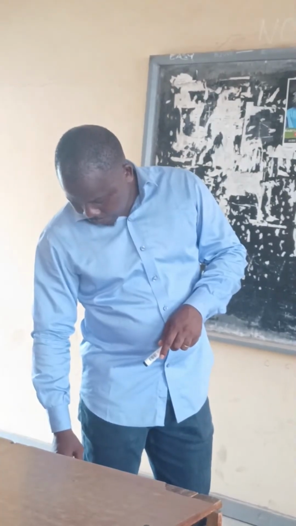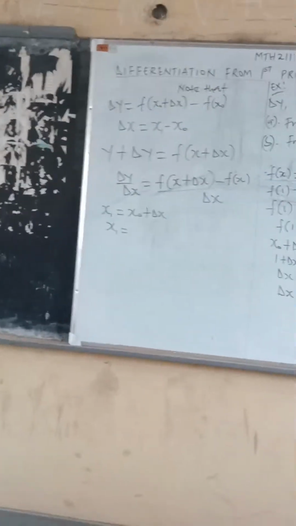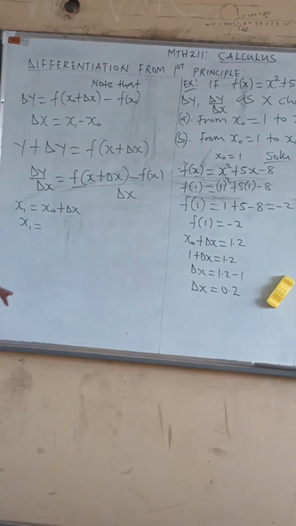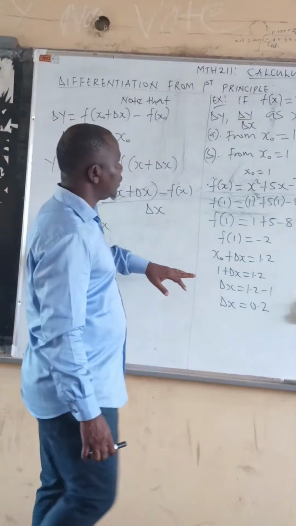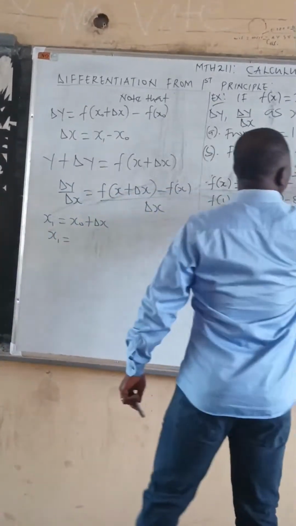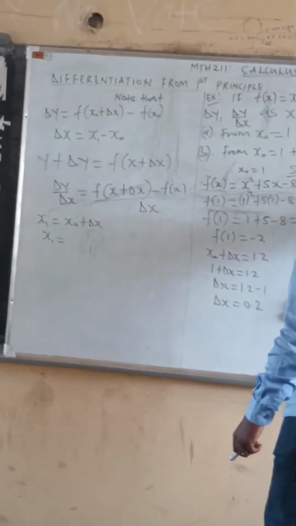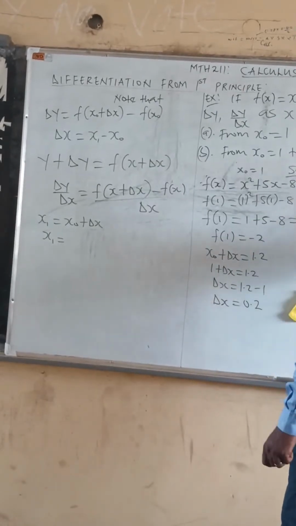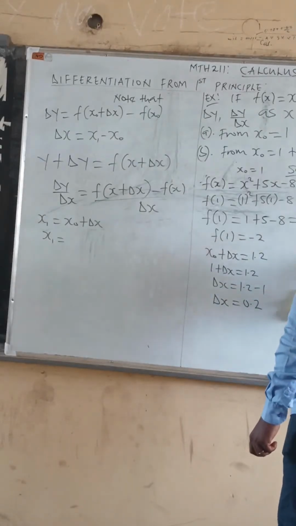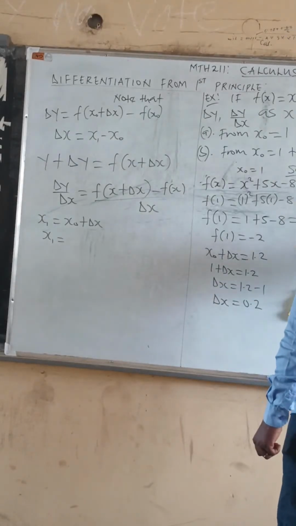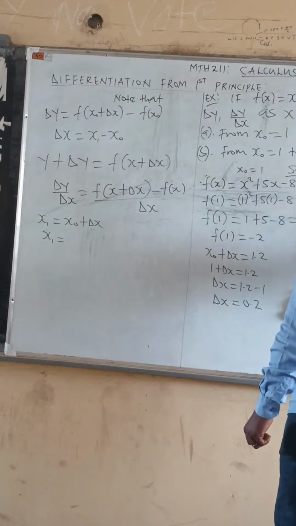X1 minus 1.2, yeah. Sorry, this is our x. Because x1 equals x0 plus dx, which is 1.12. So it assumes that our x1 is equal to 1.2.